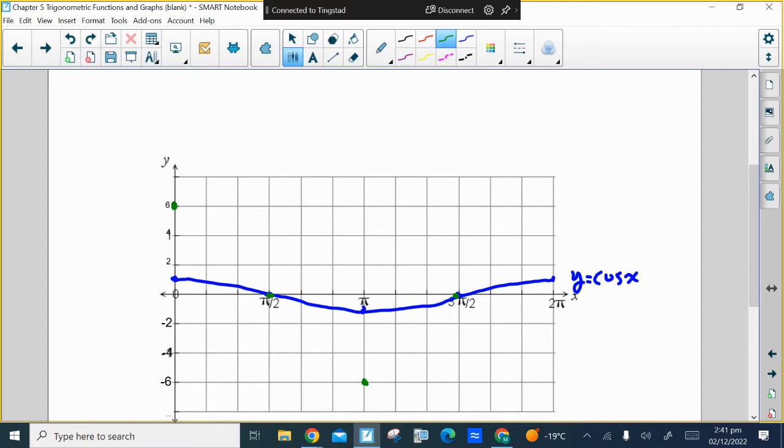That gets multiplied by 6 as well. We end at the maximum point of 1. That gets multiplied by 6. So there's the graph of y equals 6 cosine x, and the amplitude is 6.